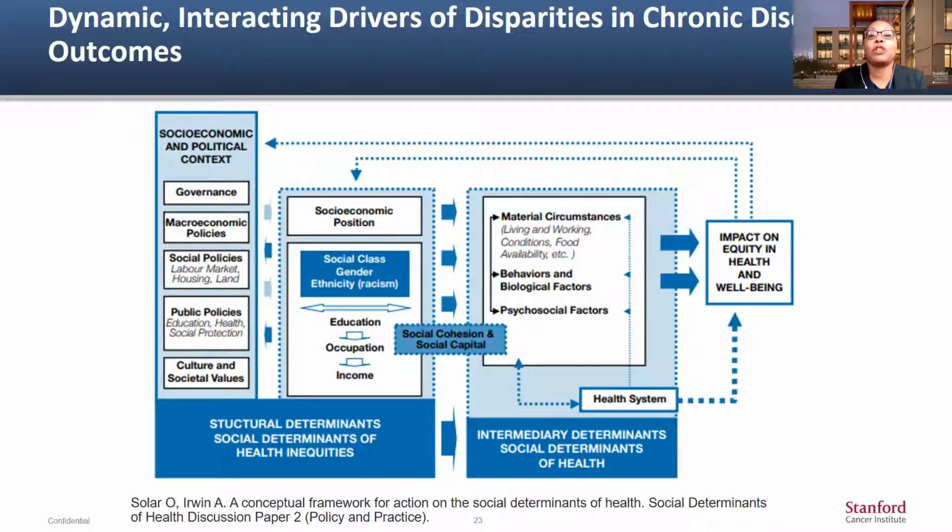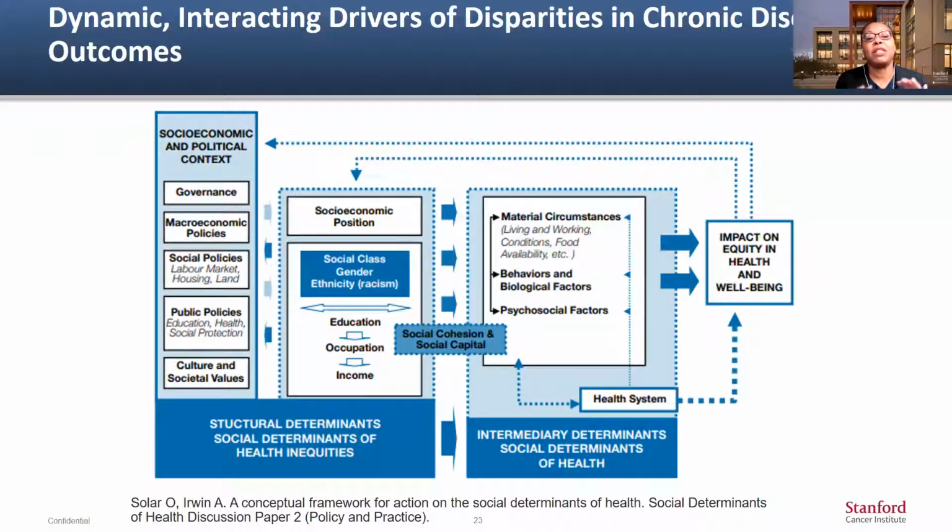Those start with the socio-political context in which we live and work, which dictates things like your socioeconomic position, your status, your occupation. Those factors also feed into, for example, whether or not you have health insurance and how good that health insurance is. It also influences how you interact with the healthcare system, biological factors, as well as psychosocial factors, and then in turn how you relate to the healthcare system and your ultimate healthcare outcomes.